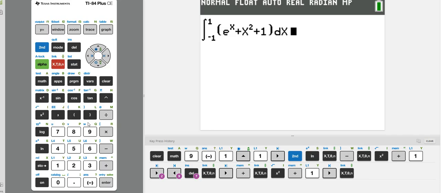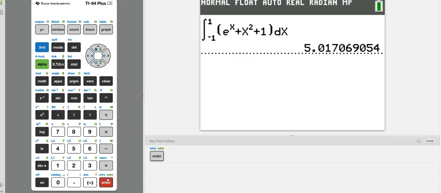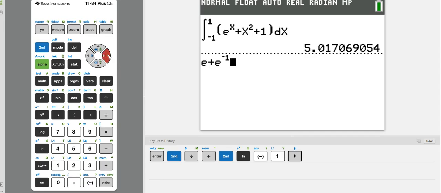plus 1. Your calculator insists on that dx, so do I. That becomes important a little bit later, especially in Calc 2. And bam. Let's compare that to e. It took me an embarrassingly long time to discover that, oh, that's just the e, plus e to the negative first, minus 1, plus 4/3.